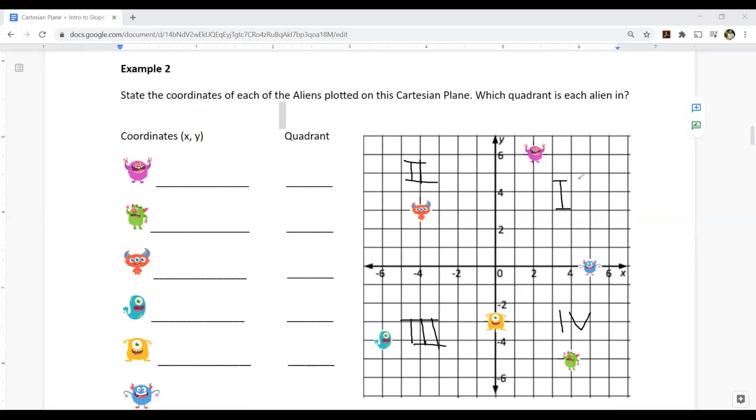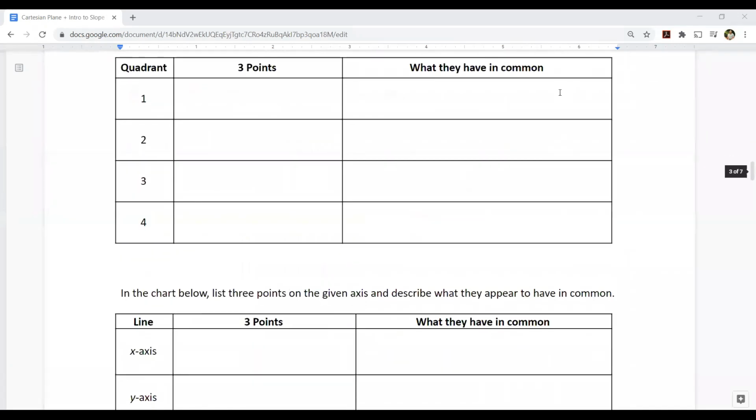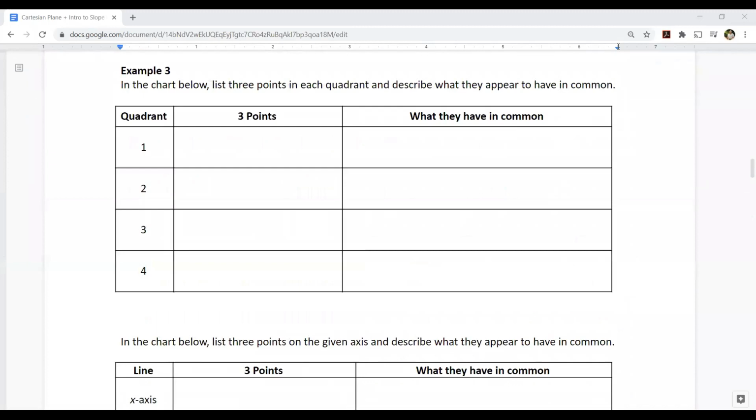So I'll pick any 3 points here in quadrant 1. For example, we could pick 2, 2. We could pick this one, which would be 5, 2, and this one, which would be 6, 5. If I go back to my table and list those 3 points, they were 2, 2, 4, 2, and 5, 6.